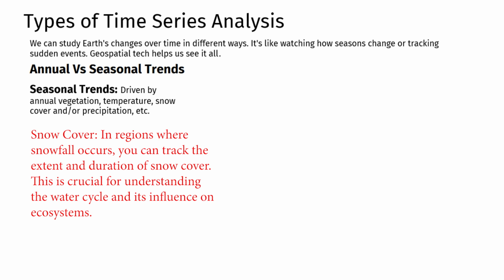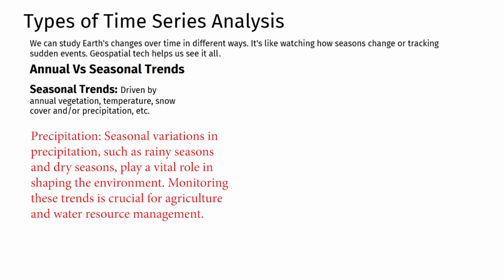This is crucial for understanding the water cycle and its influence on ecosystems. Precipitation. Seasonal variations in precipitation, such as rainy seasons and dry seasons, play a vital role in shaping the environment. Monitoring these trends is crucial for agriculture and water resource management.